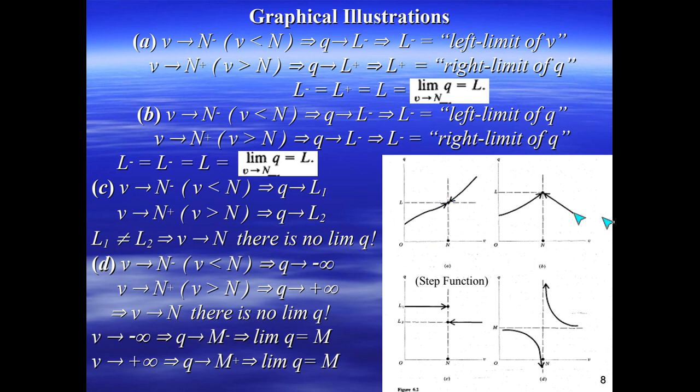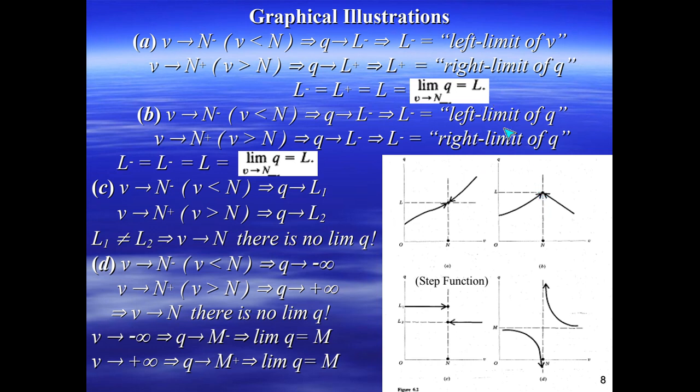You see? Here at the second picture, we have the function. The thick line is the function, and we can draw it without taking our pen from the paper. Again, when V goes to n minus, when V is less than n and approaches n from below, then Q goes to L minus.